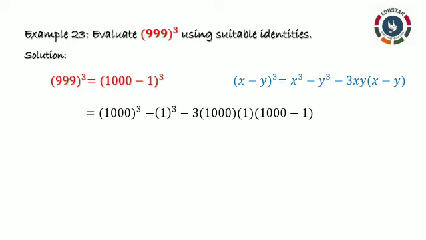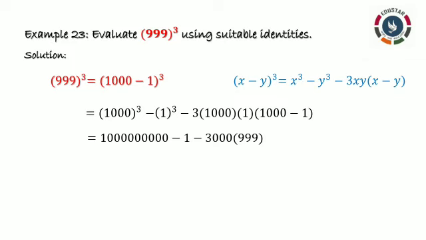So what is 1000 cube? That will be 100 crore. That is, in 1000 you have 3 zeros, right? So on taking cube, the zeros will be tripled. That is, 3 zeros means on taking cube you will get 9 zeros. And the next value is 1 cube. What is 1 cube? 1.